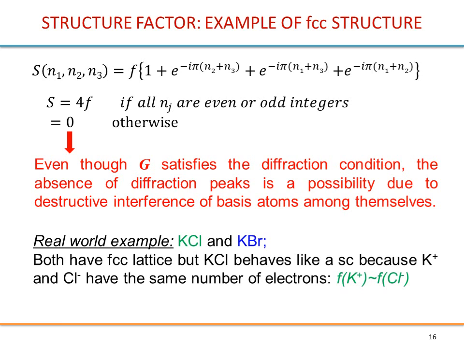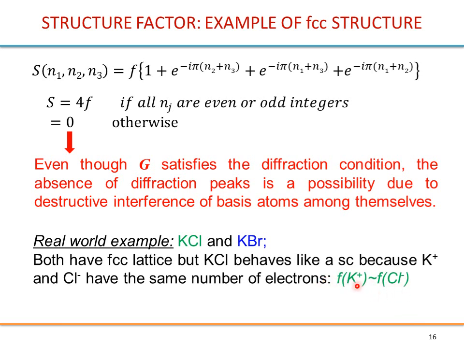So there are examples in the real world, even when we do not have the same type of atom in a unit cell. So for example, if you compare KCl and KBr, both have FCC lattice, but KCl behaves like, in fact, a simple cubic, because K plus and Cl minus have the same number of electrons. So they behave very similarly.